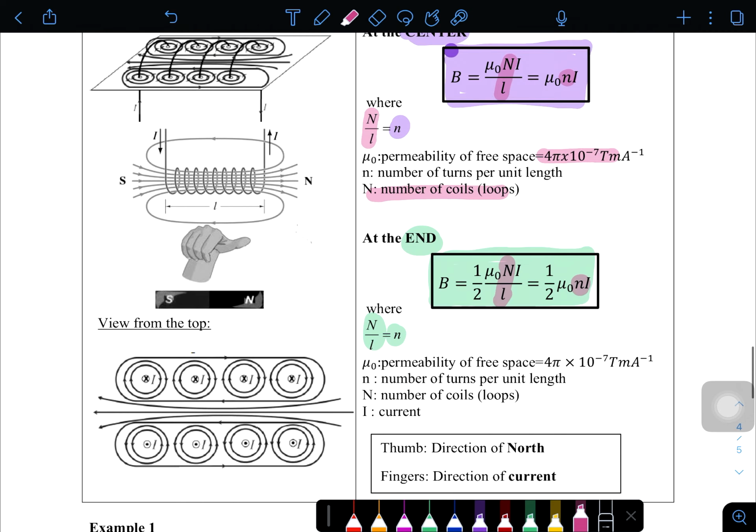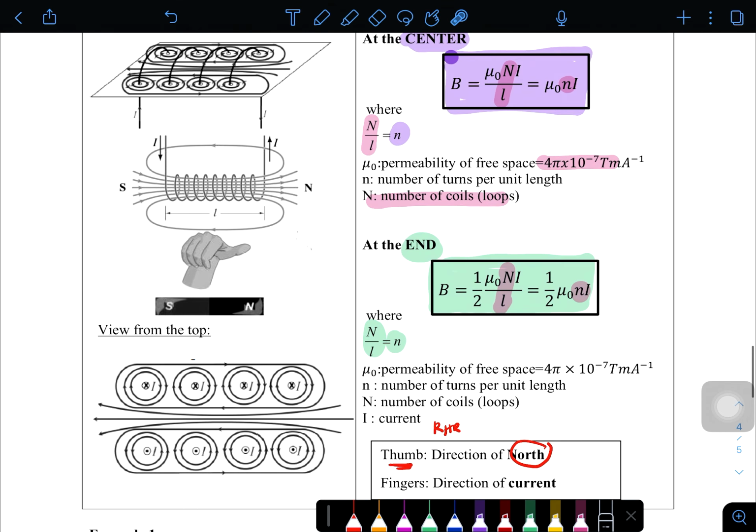Okay, so untuk solenoid, kita menggunakan right hand rule lagi, tetapi sekarang, tadi kalau thumb, ibu jari kita ialah current, but now for solenoid, our thumb is the direction of the north. So thumb ialah direction of the north. Bila direction of the north, 4 fingers ini dah jadi current. So bila dah ada direction of current, kita guna right hand rule sekali lagi untuk cari direction of magnetic field.